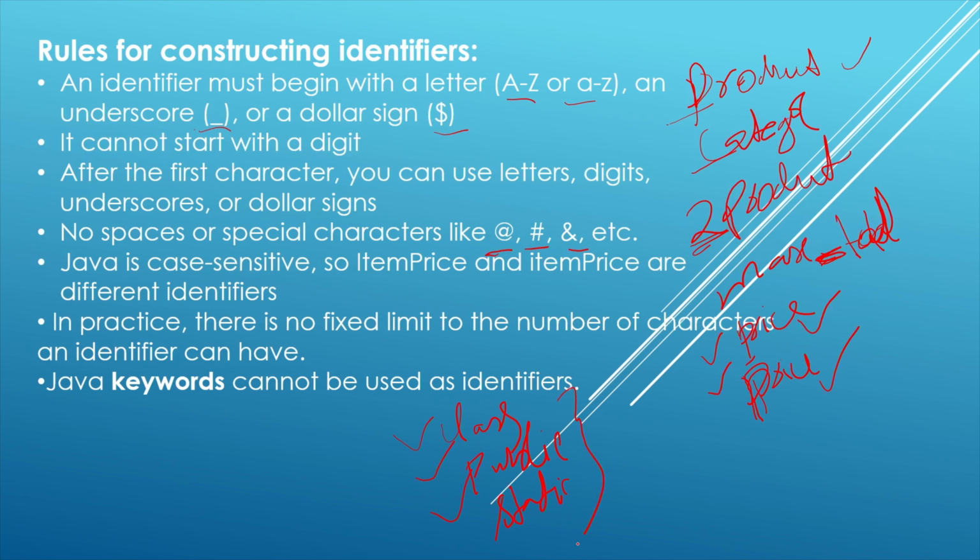Example, can I write class and my class name is public? No. Since this is a keyword, you cannot use it as a program name. Or can I write int static? Can I define a variable as static which is an integer? No, you cannot because static is a keyword. Okay. So these are the rules that you must follow when giving a name to your program name, method name, variable name, interface, or any other things.